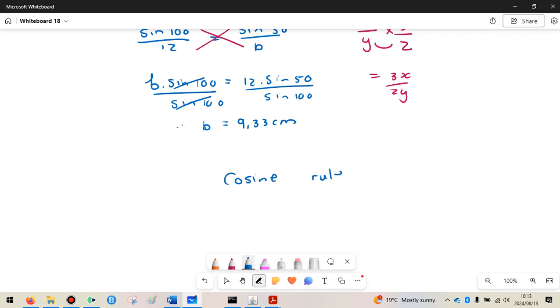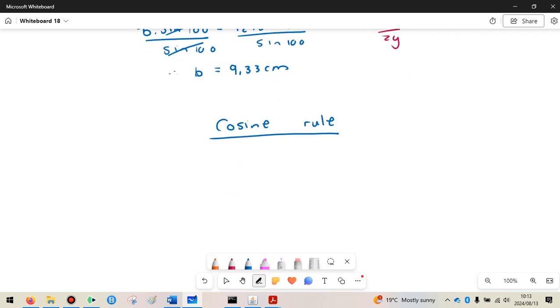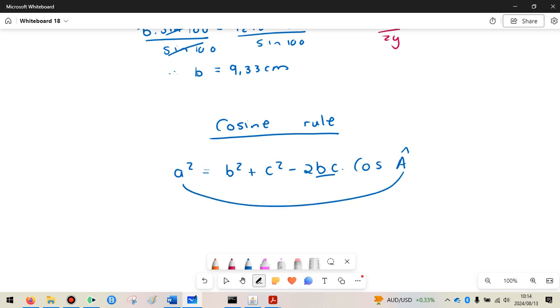Okay, it looks very complicated, it isn't really. Your formula for cosine rule, which again is not on the data sheet, depending what you have to work out, looks like this. If you're looking for side A, then it's the other two sides, b squared plus c squared minus 2bc, and then the angle is always the angle that matches the side that you are trying to work out.